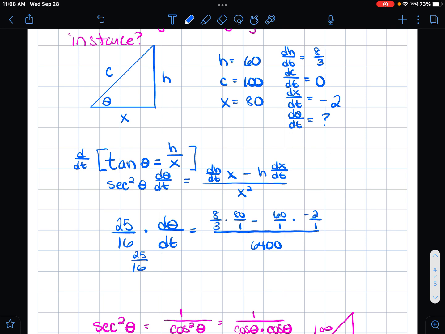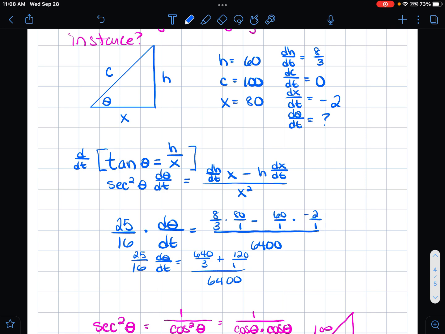It's good for us. d theta dt, it's good for us. 8/3 times 80 over 1 is 640 over 3. 60 times -2 is -120, so this becomes plus 120 over 3. What we need to do is get a common denominator on those two fractions on top.